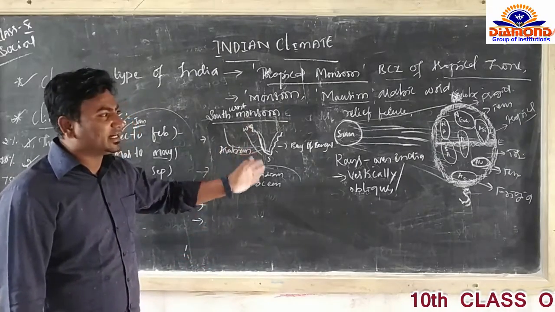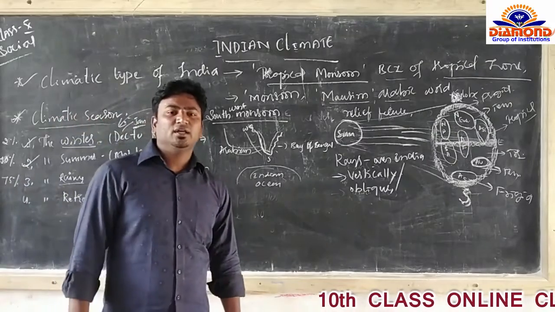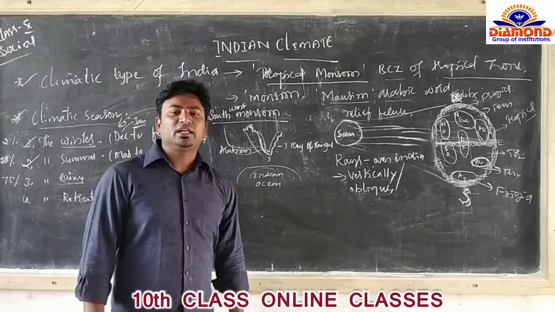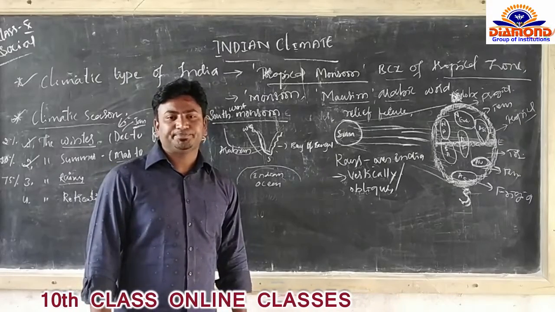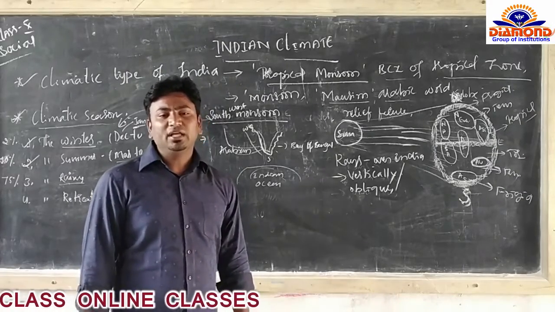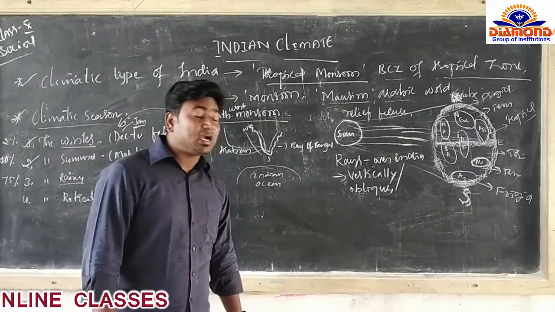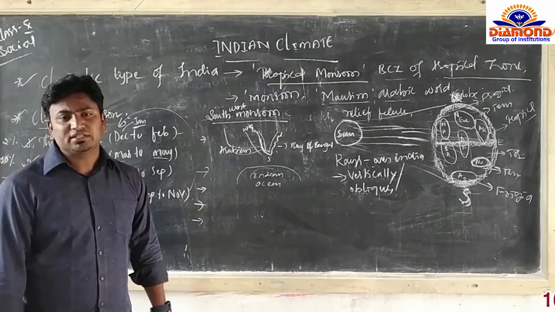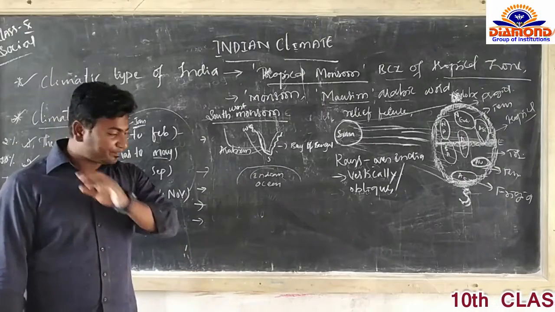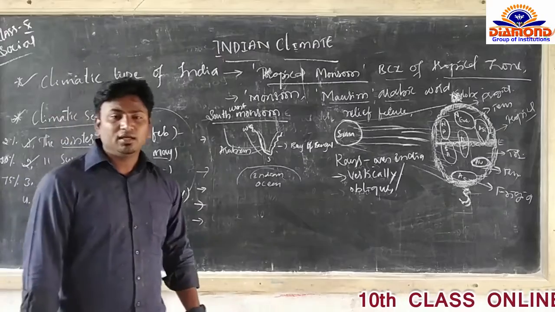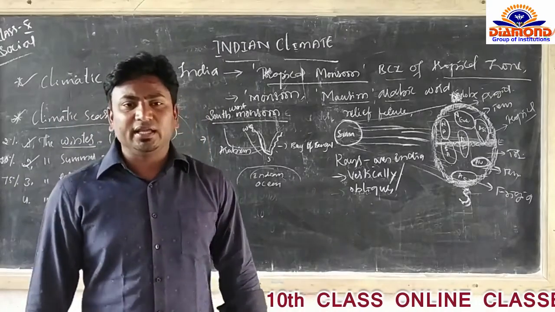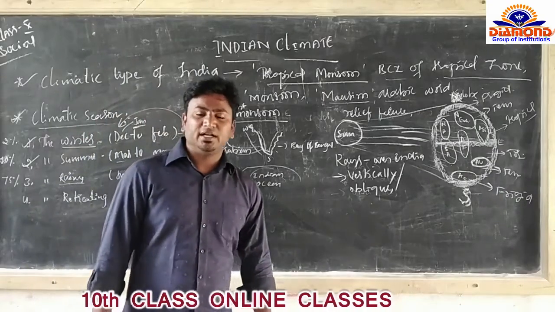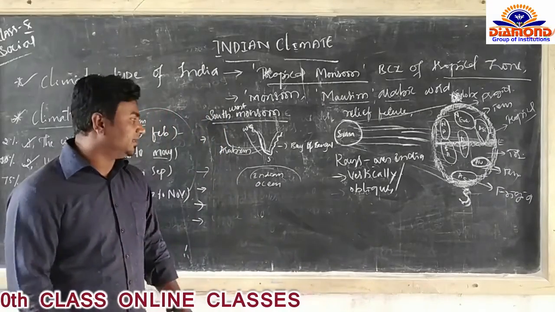Because of that, trees are important. The more trees, the more rain. So it is very important to have trees. The Western Ghats are a very important area for India to receive its maximum rain. If they were not here, it would be difficult for the rain to enter India.